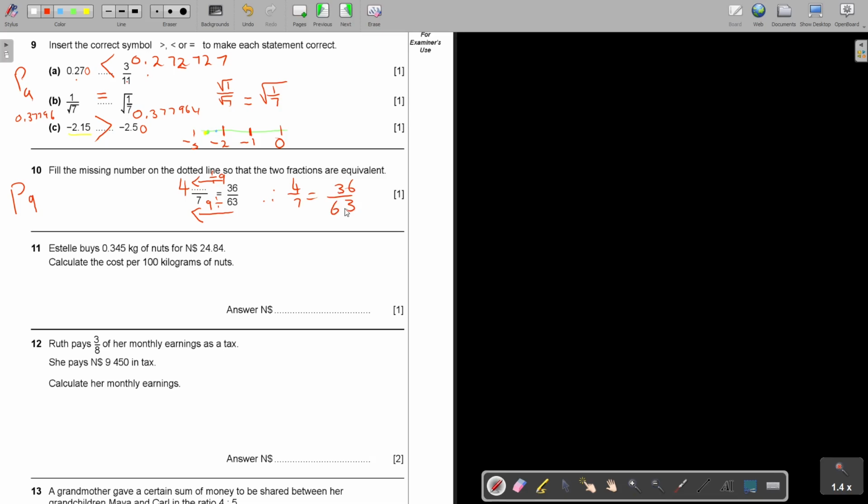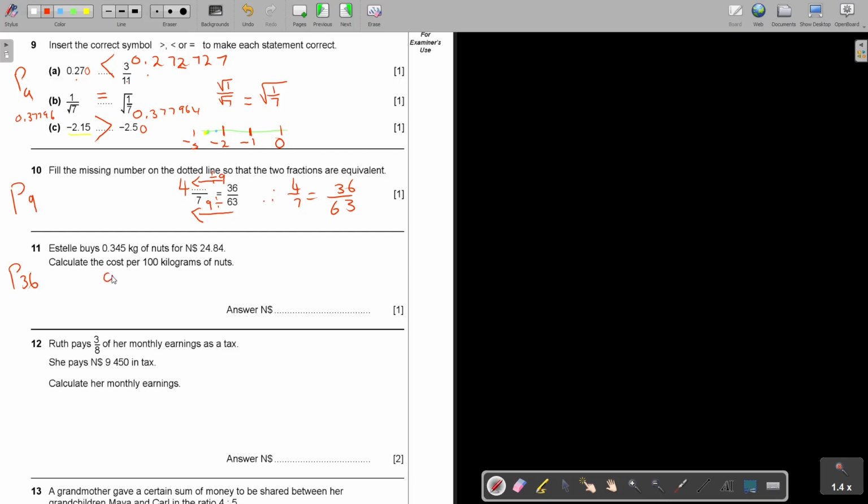And now the next one, number 11, on page 36 in the textbook. Estelle buys 0.345 kilogram of nuts for 24.84. Calculate the cost per 100 kilogram of nuts. Now it's like that direct proportion.